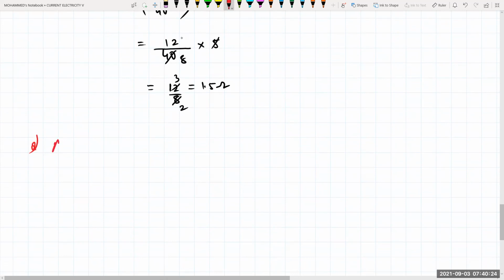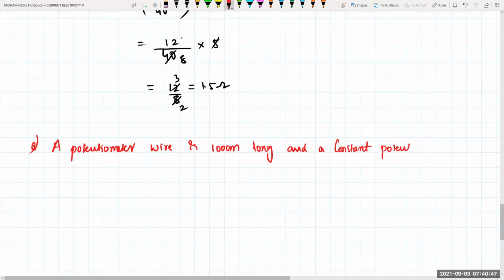A potentiometer wire is 100 centimeters long and a constant potential difference is maintained across it.